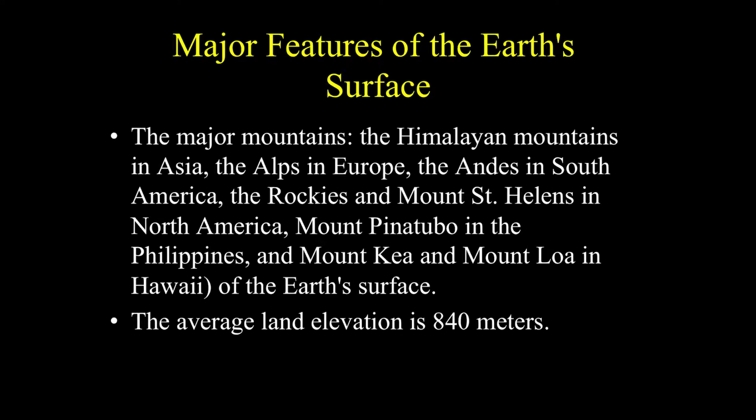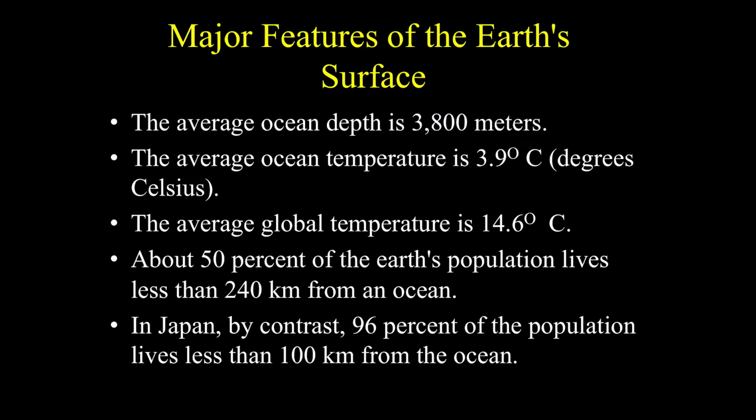The average land elevation is 840 meters. Other useful statistics to keep in mind are the average ocean depth is 3,800 meters. The average ocean temperature is 3.9 degrees Celsius.